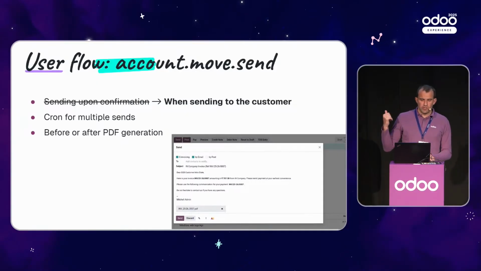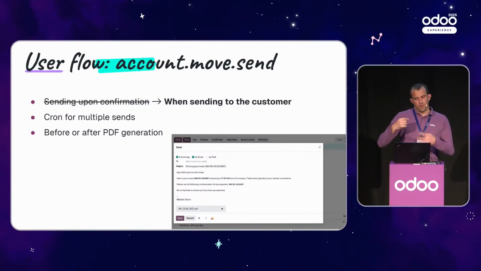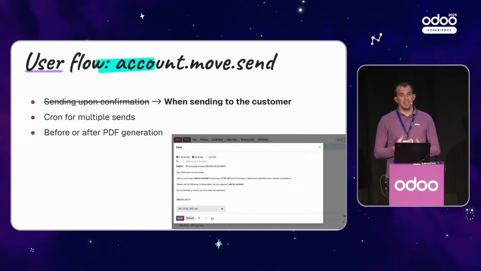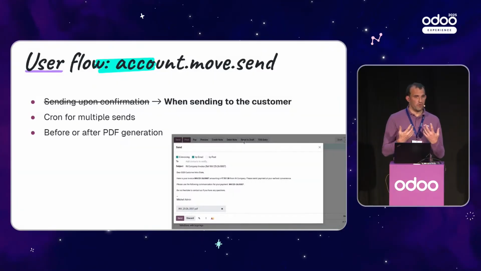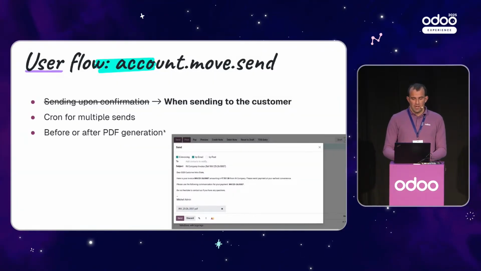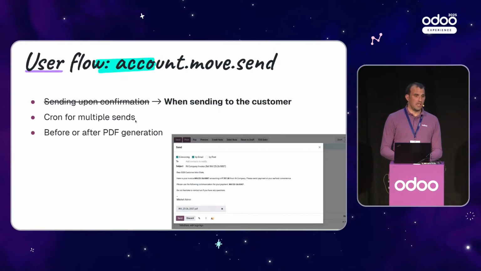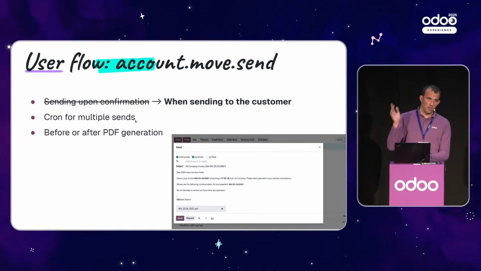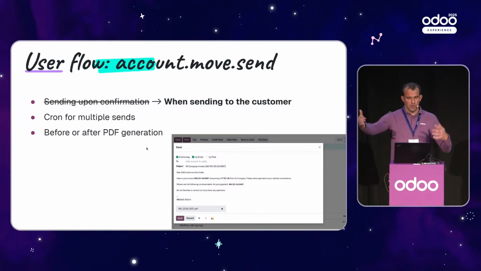More and more, we are sure that the user wants to be in control, and it happens the moment you send the invoice to the customer. You can still do multiple invoices at the same time. If you select multiple, it will also work in background. But if you do one, you follow up the process.